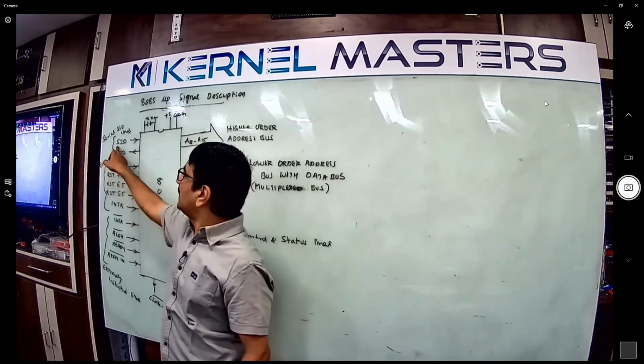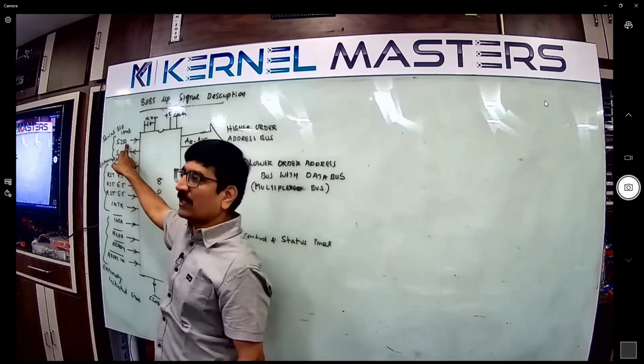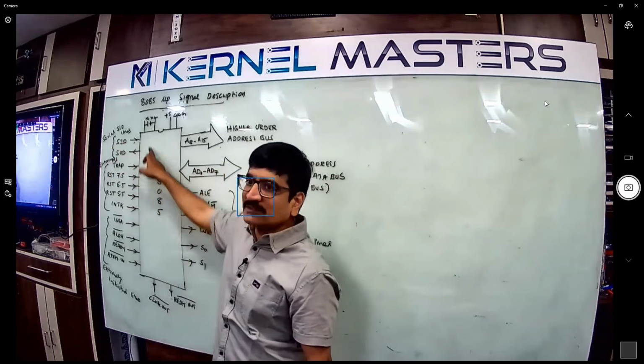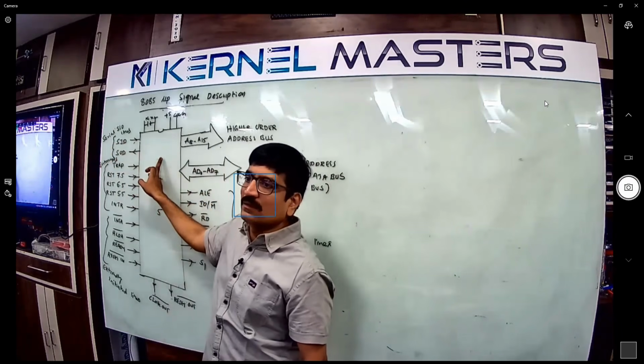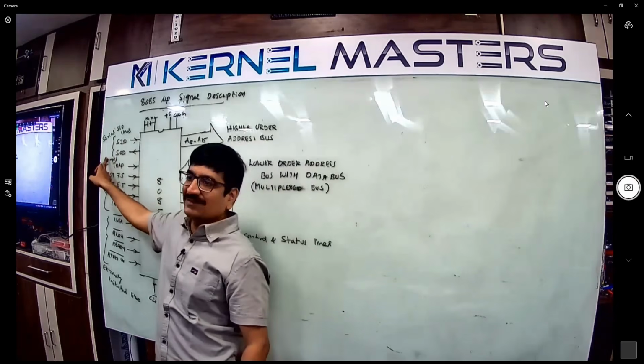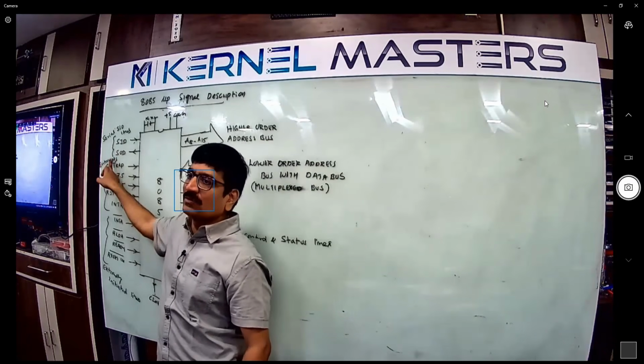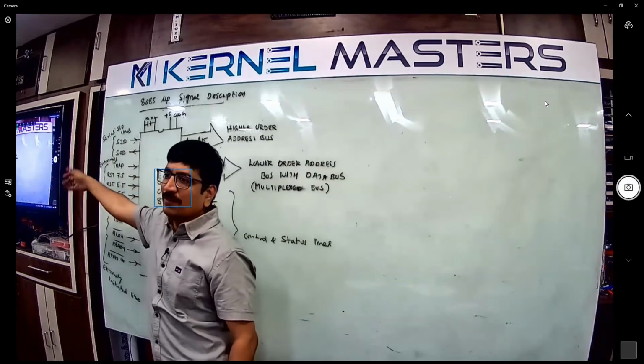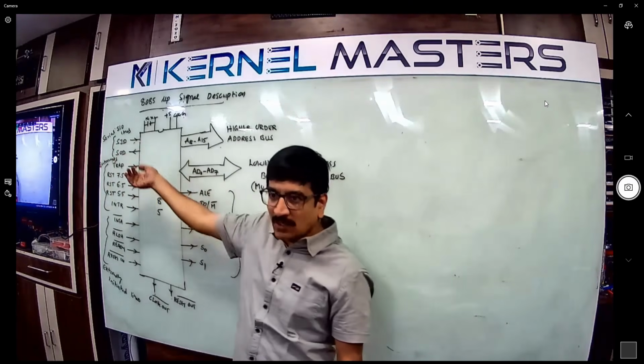See, SID, the serial input data line. The data is coming in serial, and the microprocessor converts serial to parallel. For parallel to serial, it is SOD, serial output data. When the microprocessor transfers data, it converts parallel to serial out. When it receives data, it converts serial to parallel.